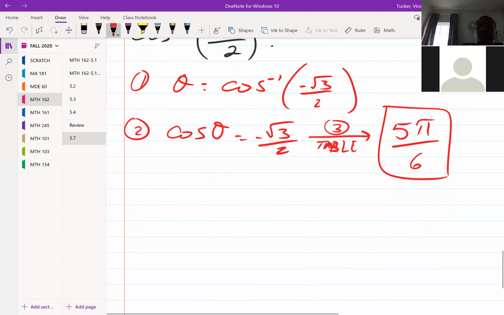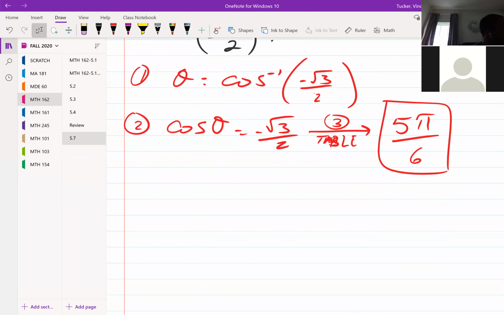All right. So let's do tangent, and then we'll look at when we don't have exact values.